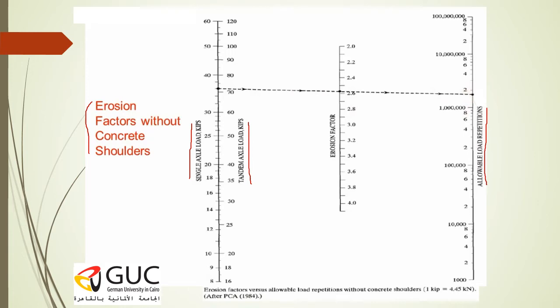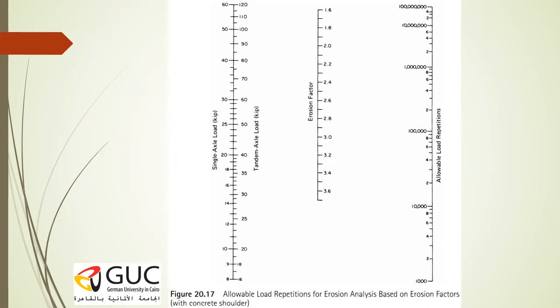You already know the axle loads, and the erosion factor is obtained from the table in the previous slides, so you can get the allowable load repetitions. This graph is similar to the previous one, but here it is for erosion factors with concrete shoulder.